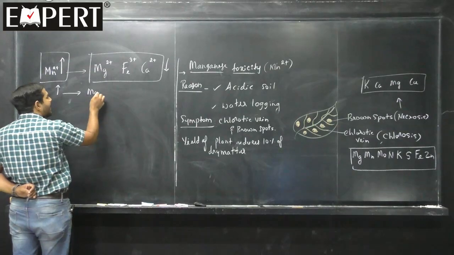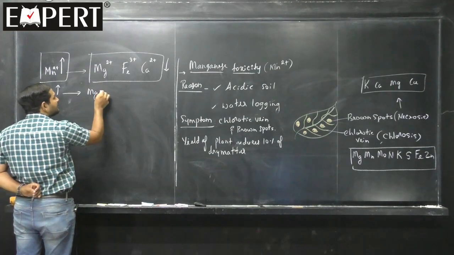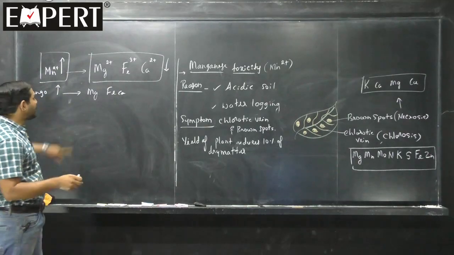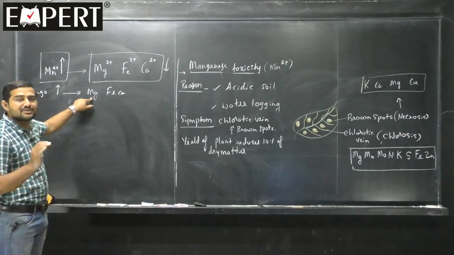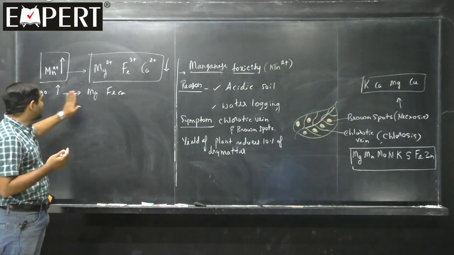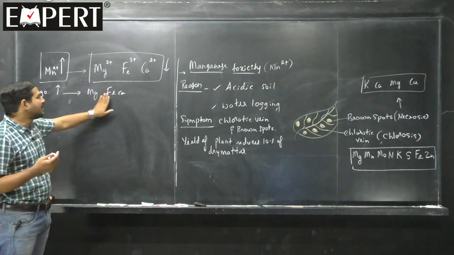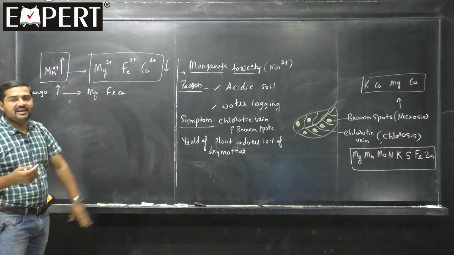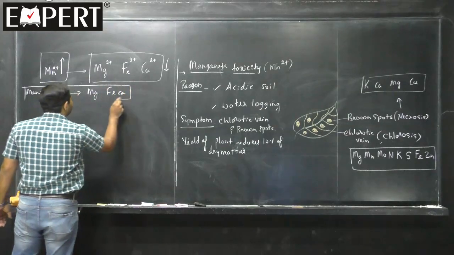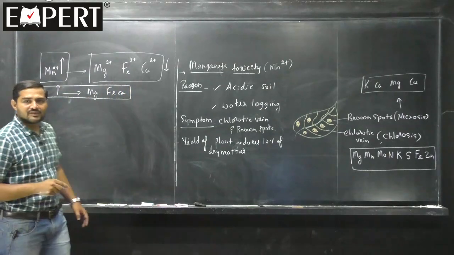Magnesium. Feca means you threw it. You threw Maggi, you did not use it. When mango becomes more, magnesium is Maggi, you threw it. So this is a way of remembering regarding manganese toxicity.